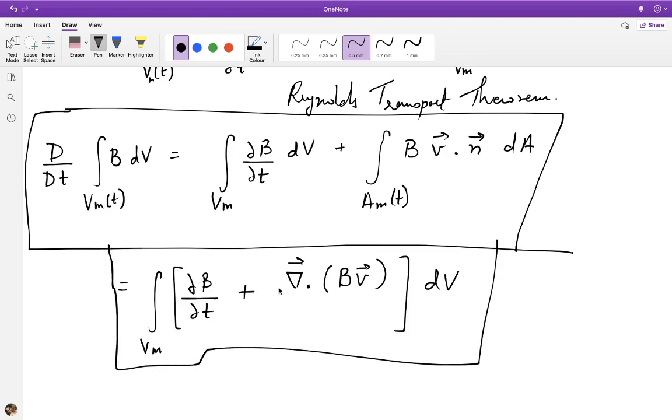Yes. And this is the form of the Reynolds transport theorem that we will be using in our derivations.